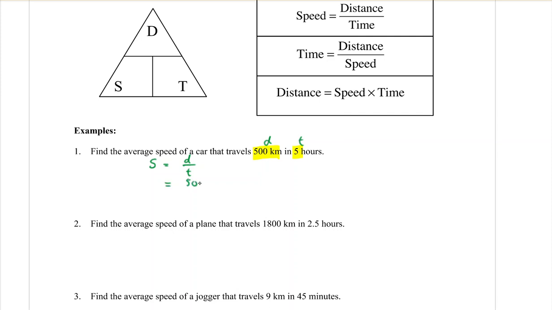Distance on the top, don't forget the kilometers part, and time on the bottom is 5 hours. Now we know that's a rate, and if I divide the numbers, I don't need my calculator for that, 500 divided by 5 is 100.